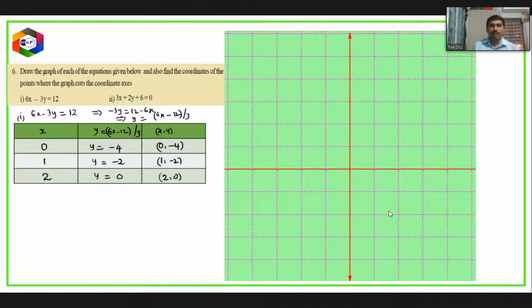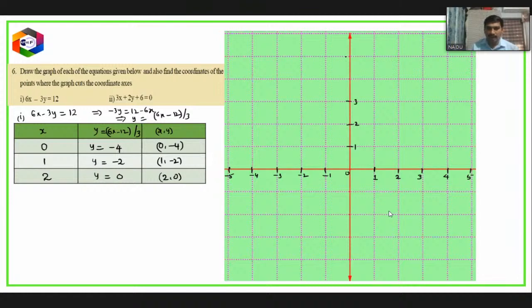So here I am going to plot the points again. Here we have small values only. So 1, 2, 3, 4, and 5. This is anyway the origin 0, then minus 1, minus 2, minus 3, minus 4, minus 5. Here the positive direction of the x-axis, y-axis 1, 2, 3, 4.